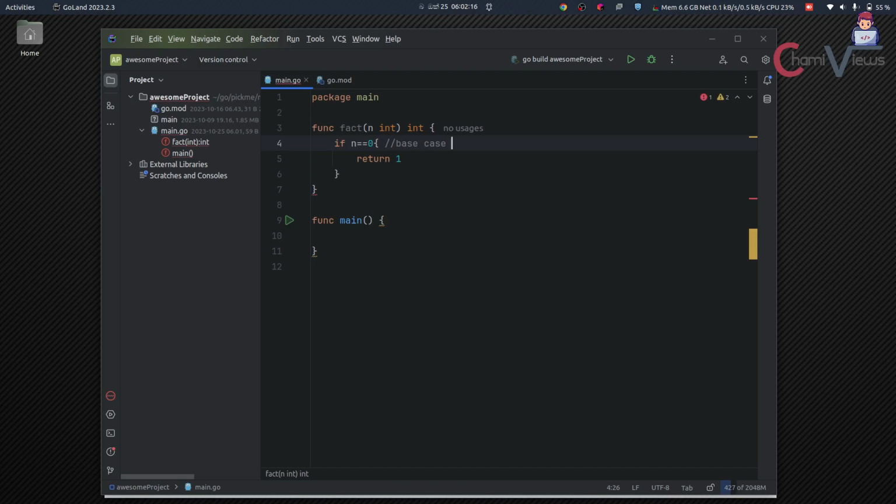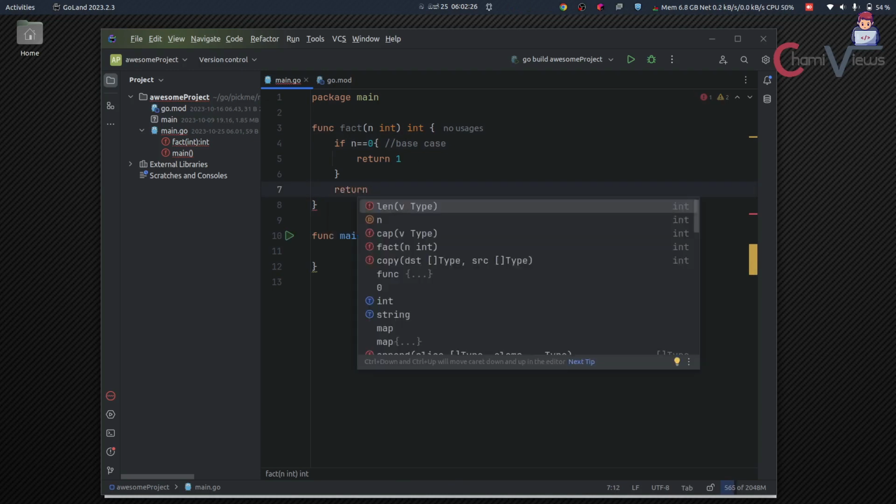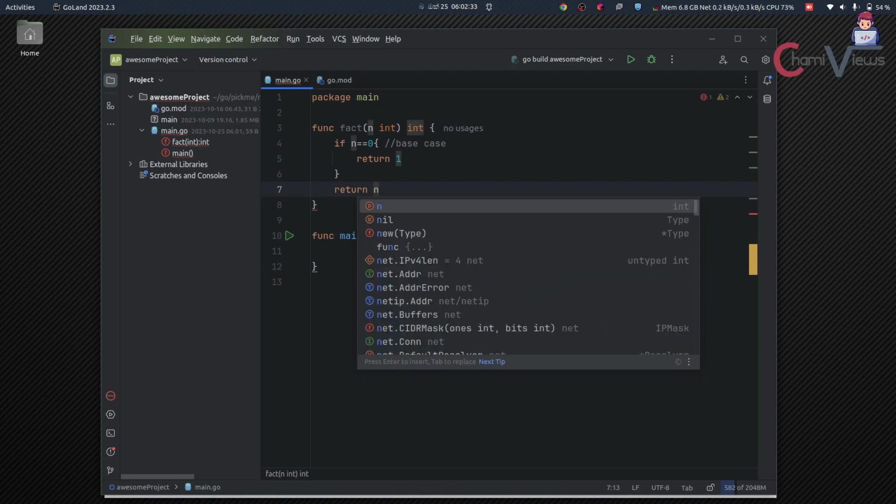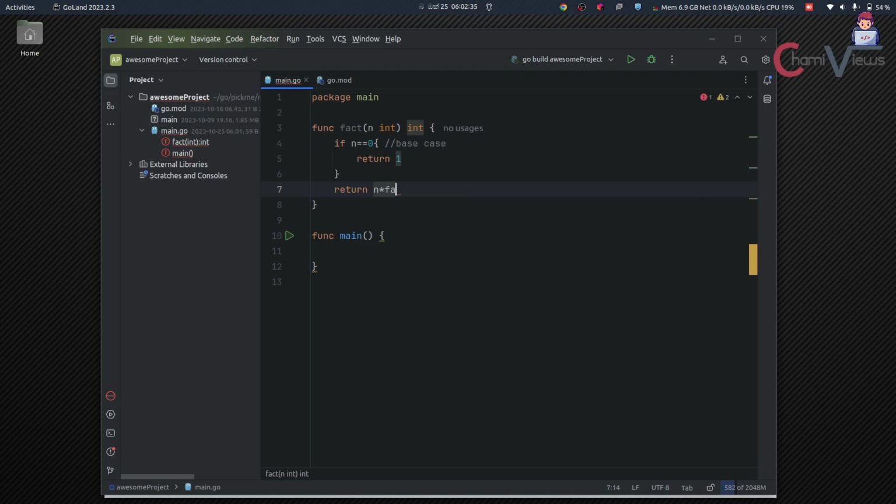Then, if n is not equal to 0, we can simply return n multiplied by factorial of n minus 1.